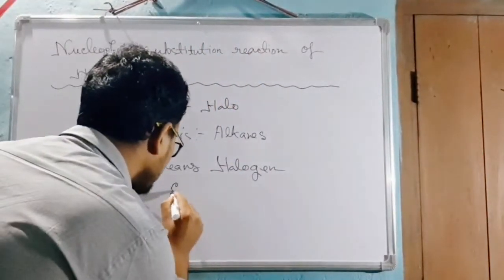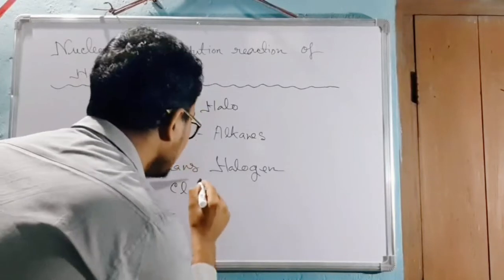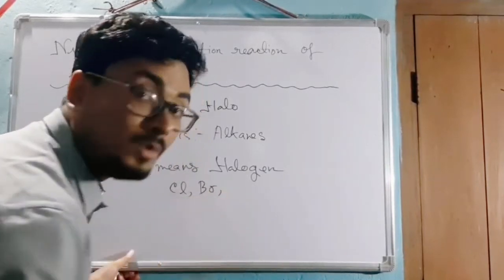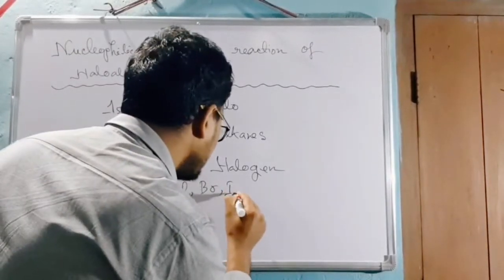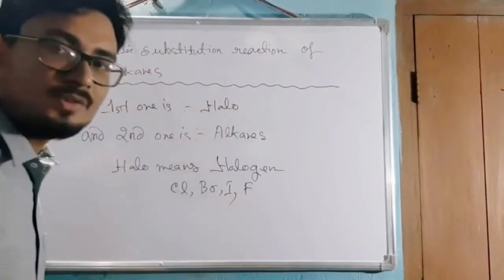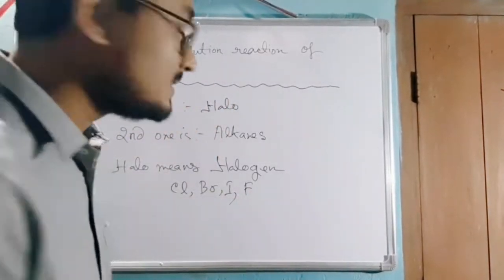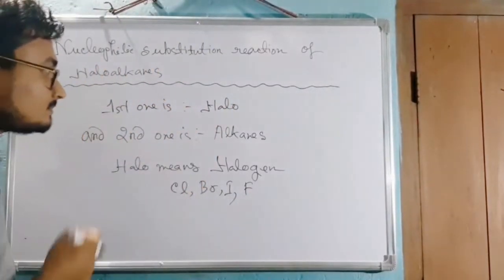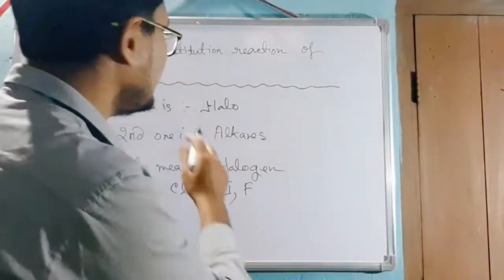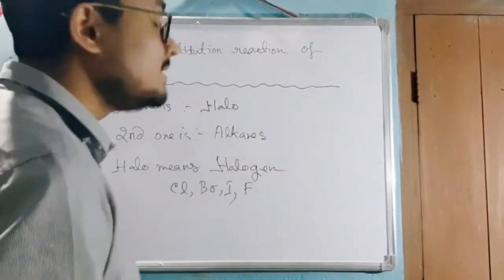What are the types of halogens? Chlorine, bromine, iodine, and fluorine. These are the halogens. Now, we have discussed alkanes. What are the types of alkanes?